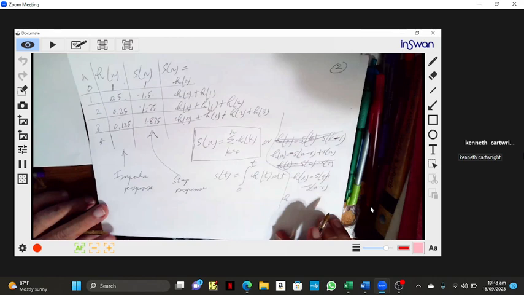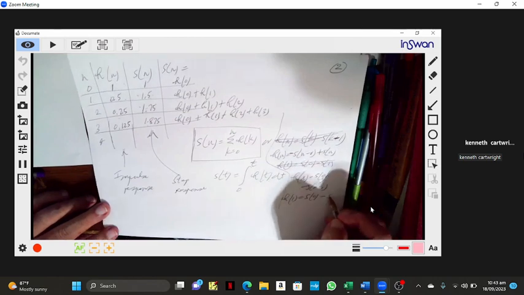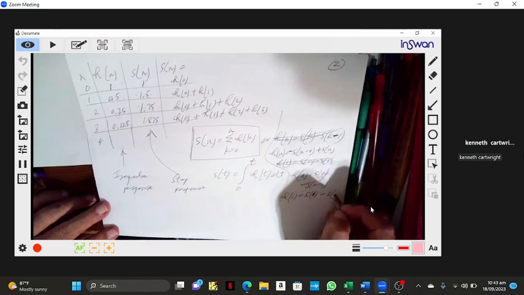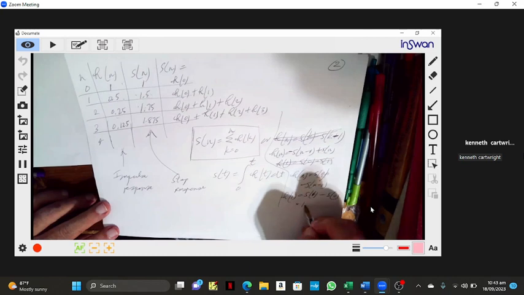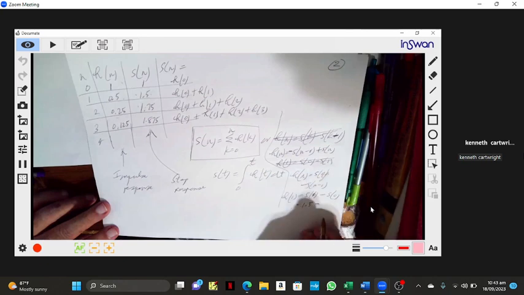But again, that should be no surprise because H of t is the derivative of S of t. The impulse response is the derivative of the step response. We know both of these equations. No, I take that back.